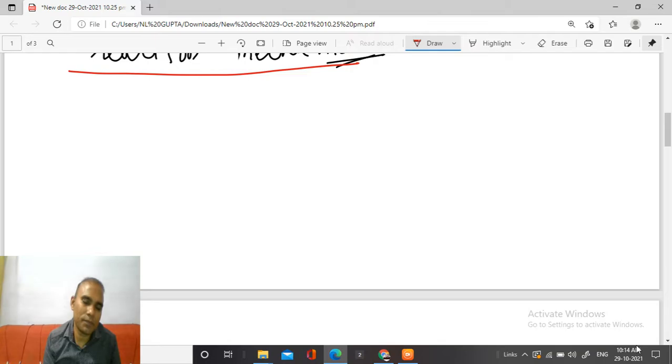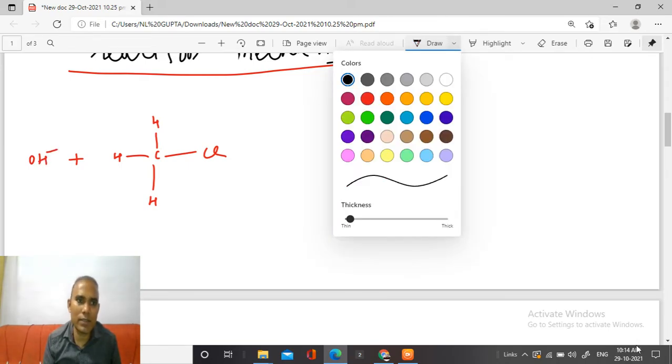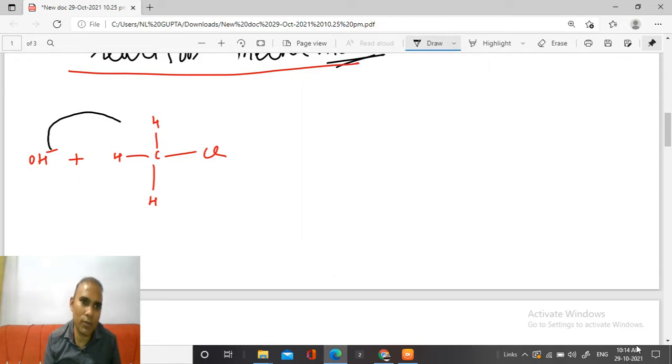Suppose, dear friends, I am having a carbon here with hydrogen, this is hydrogen, and here is Cl. I am attacking this compound with the OH group. So what will happen, friends? Once you are attacking, this is going to attack on the carbon position. One intermediate is going to form.